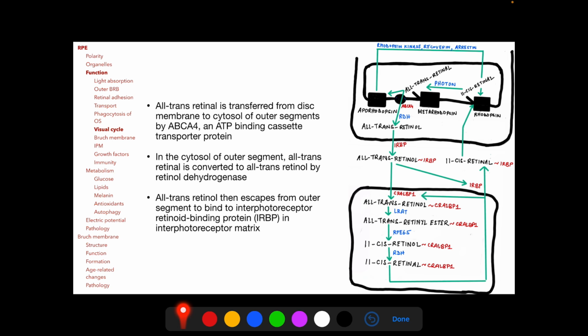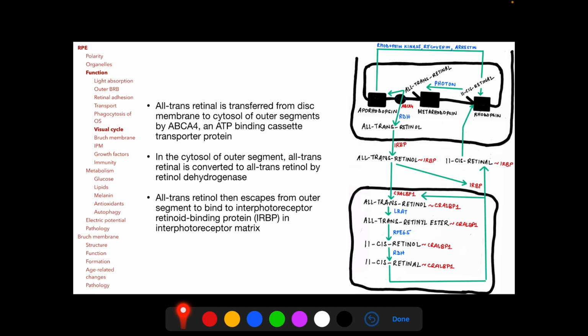In the cytosol, all-trans retinal is converted to all-trans retinol by retinol dehydrogenase. All-trans retinol then escapes from the outer segment to bind to interphotoreceptor retinoid binding protein in the interphotoreceptor matrix.